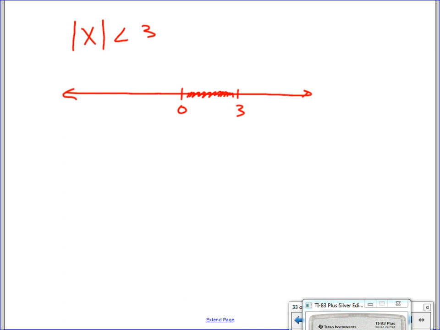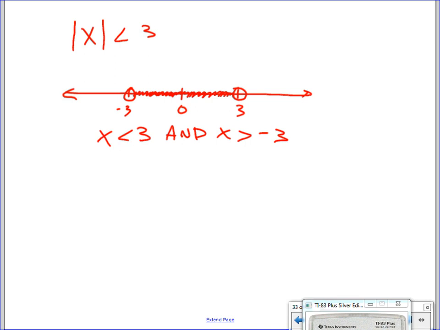But there are other numbers also that are less than 3 units away from 0. Actually, any number between -3 and +3 would be less than 3 units away from 0. So if you notice, the graph of the solution to this simple inequality looks like this. x is less than 3 and x is greater than -3.